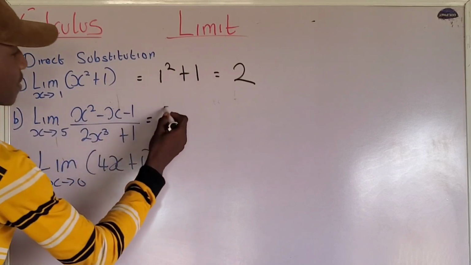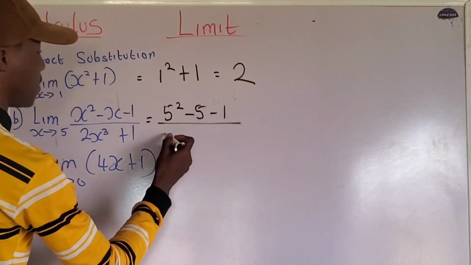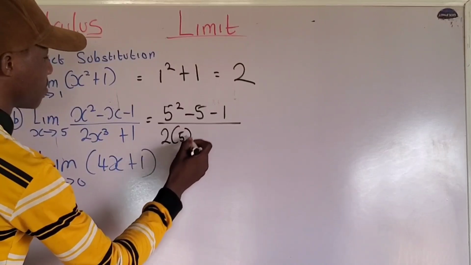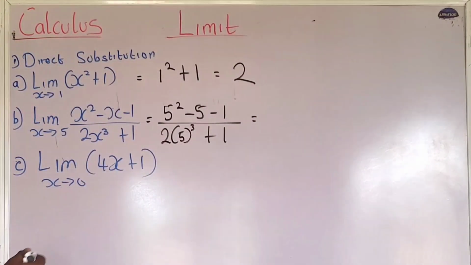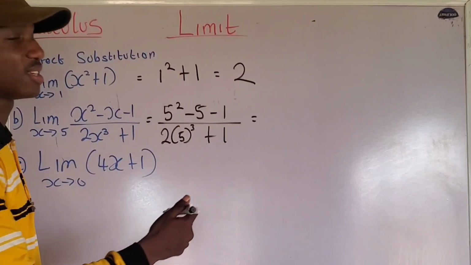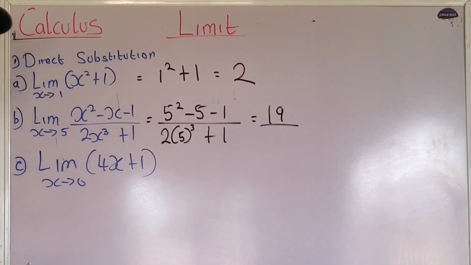Okay, now for this I'm going to replace x as 5. So I'm going to have 5 squared minus 5 minus 1 all over 2 multiplied by 5 to the power of 3 plus 1. Okay, 5 squared is what? Is 25. 25 minus 5 is 20. 20 minus 1 is 19. So I'm going to have 19. Now we have 5 to the power of 3. 5 times 5, 25. 25 times 5, that is 125. 125 times 2, that is 250.